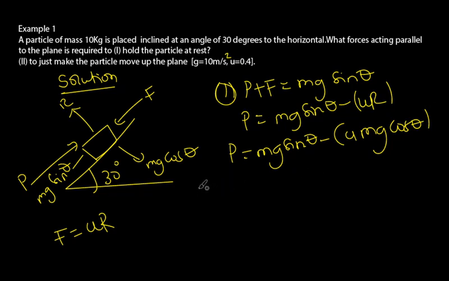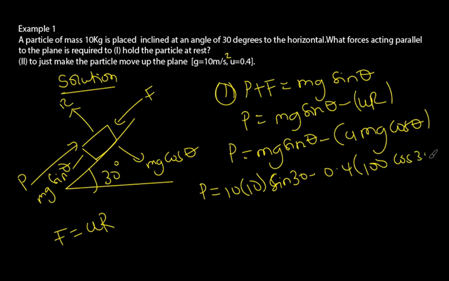Now if we are all on the same page, we can go ahead and find the force that is required to hold the particle at rest, which is P. So P will be equal to the mass of the body, 10, times the gravity given to us, 10, then sine 30, minus 0.4 into bracket, this will be 100, which is the mass 10 times gravity 10, then cos 30.